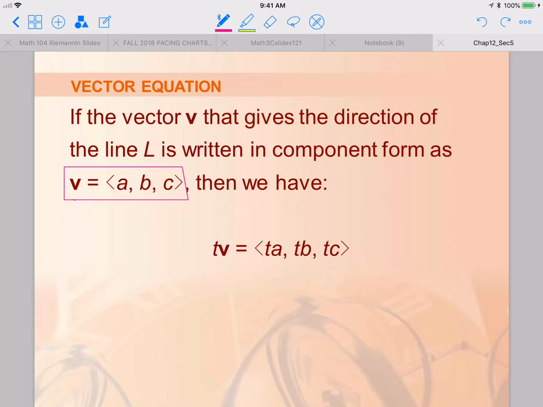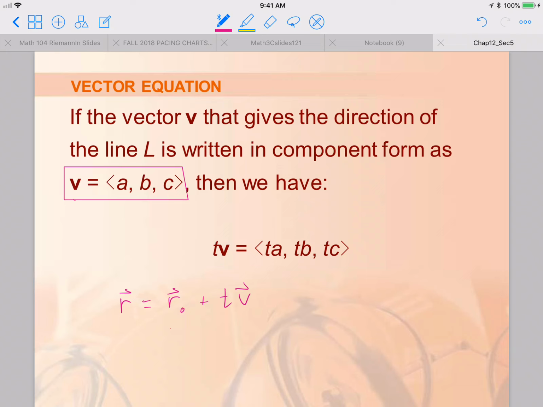Remember we've got our vector equation, r is equal to r naught plus tv.